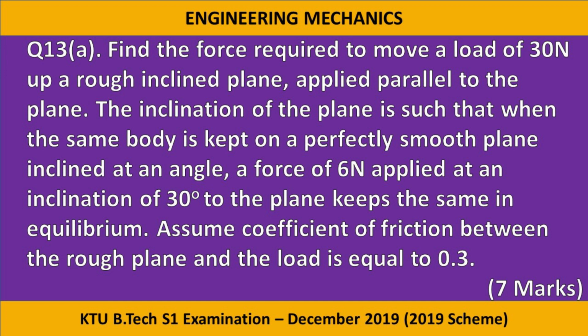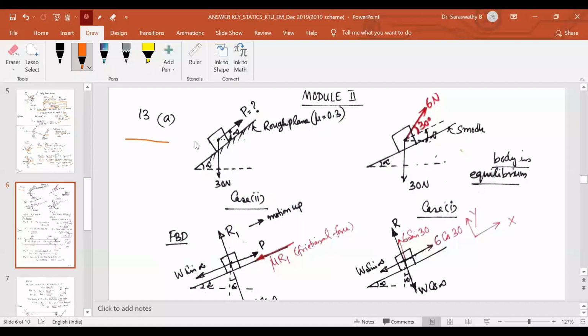The inclination of the plane is such that when the same body is kept on a perfectly smooth plane inclined at the same angle, a force of 6 Newton applied at an inclination of 30 degrees to the plane keeps it in equilibrium. Assume the coefficient of friction between the rough plane and the load is 0.3. It's an interesting question in friction.